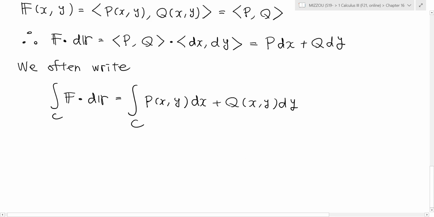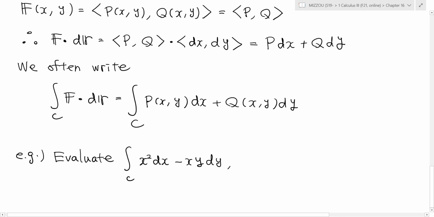So, for example, let's work out an example. Evaluate the line integral of x squared dx minus xy dy, where C is, once again, this portion of the circle.